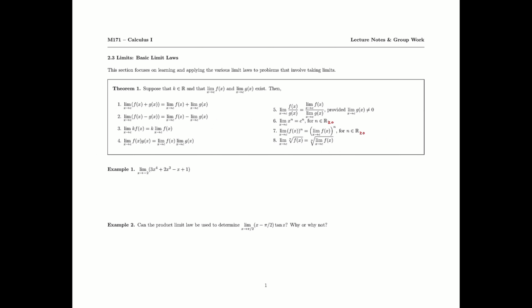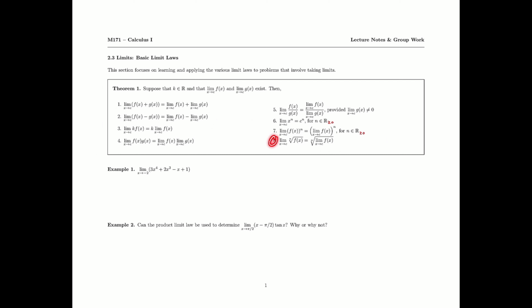Okay. So this one says the limit as x goes to c of f of x, all that raised to the nth power, then you can just pass the limit inside, do the limit of the inside, and then raise your answer to that power.